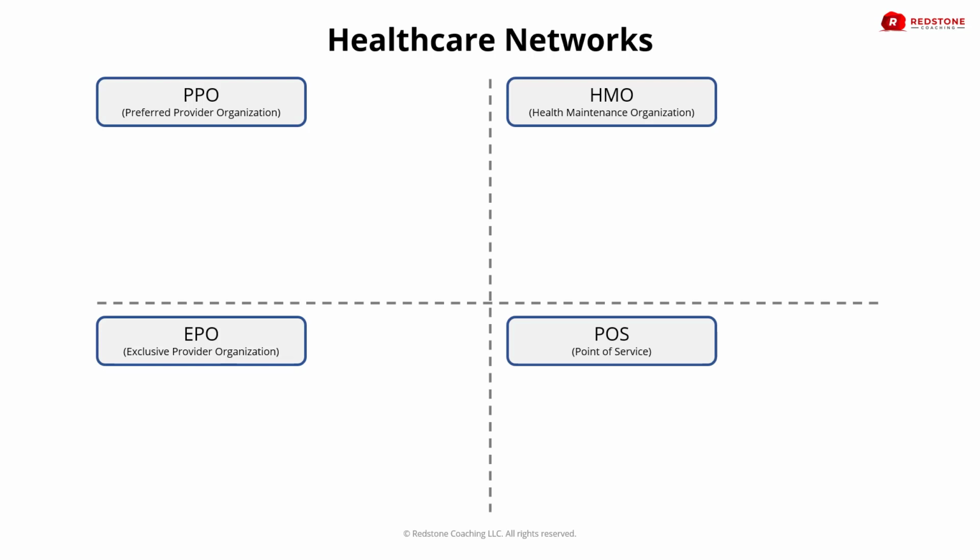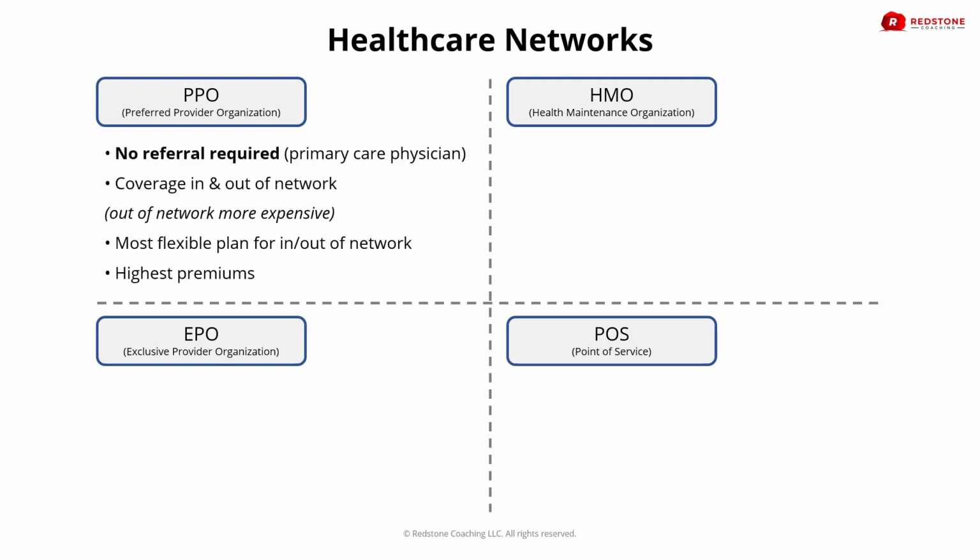Now, in terms of healthcare networks, I'm not going to go deep in the weeds on this, but I want to provide an overview of the four main networks. So a PPO is a preferred provider organization. And what a PPO means is that there's no referral required in order to go see a specialist.